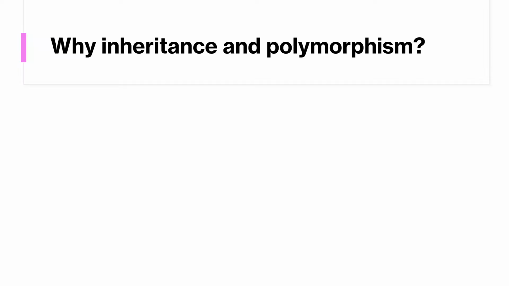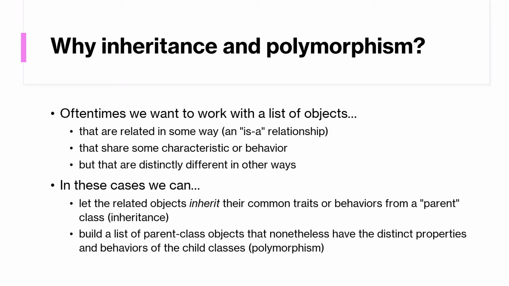Okay, why would we want to do inheritance and why would we want to do polymorphism? Oftentimes, we want to work with a list of objects that are related in some way. Okay, what we call an is-a relationship.